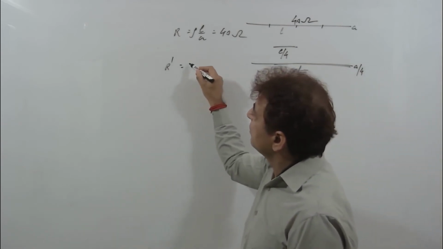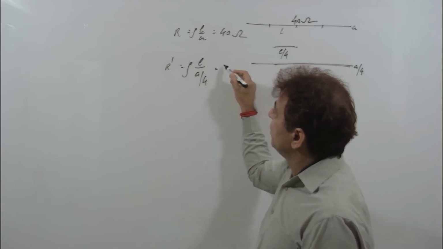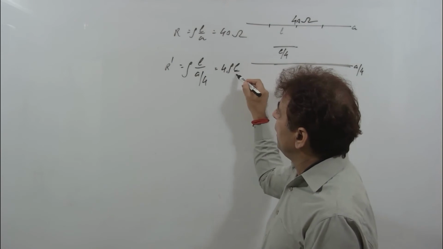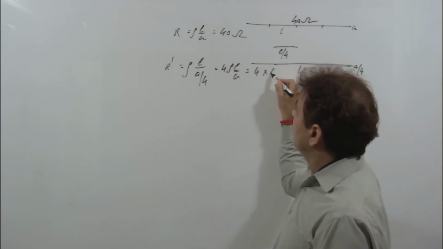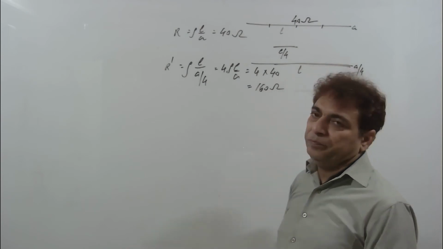This resistance will be rho L by (A by 4), equal to 4 rho L by A, or 4 into 40, that's equal to 160 ohm.